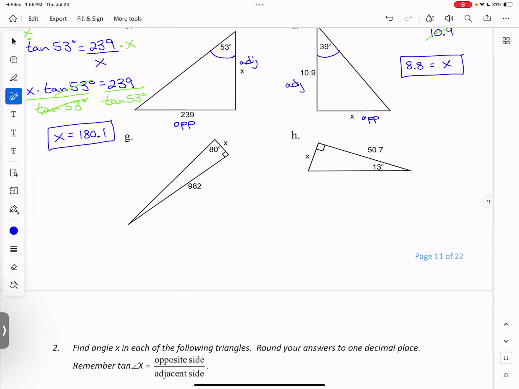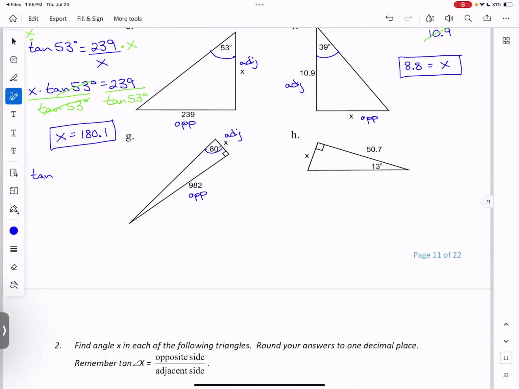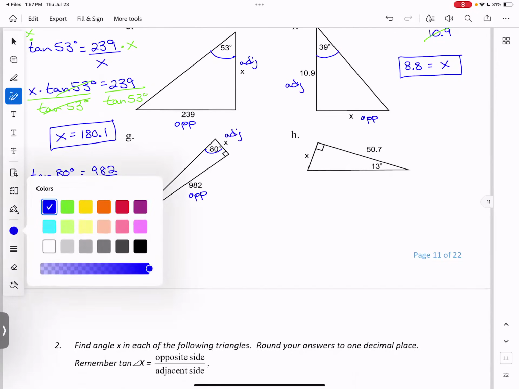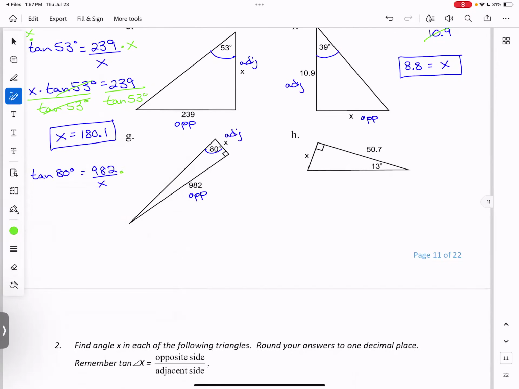Okay, in G, 80 degrees is right here, so 982 is our opposite side, x is our adjacent. So tan of 80 degrees is 982 over x. So let's start by getting x out of the denominator by multiplying both sides by x. So I get x times tan 80 equals 982.